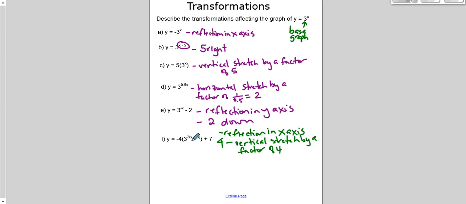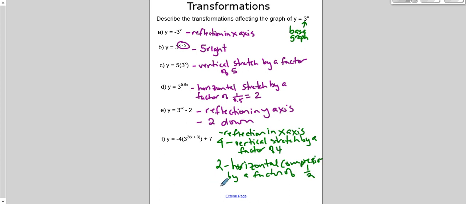And then we have that 2 that's outside the brackets. That's going to be a horizontal compression by a factor of 1/2.